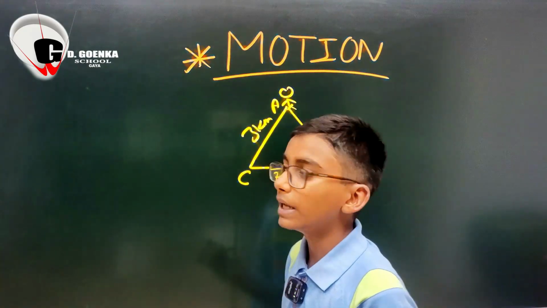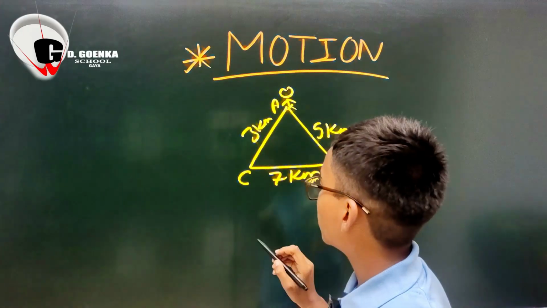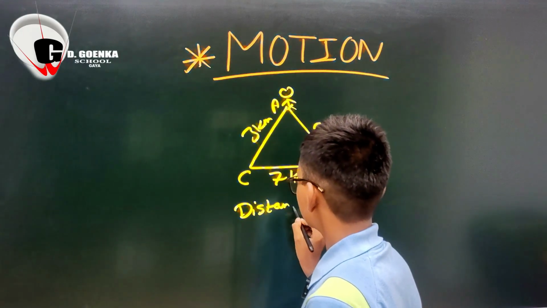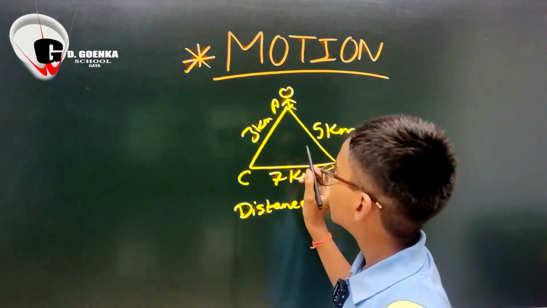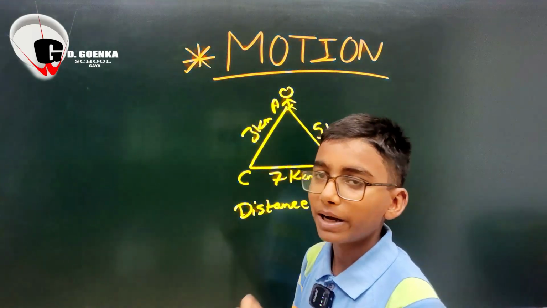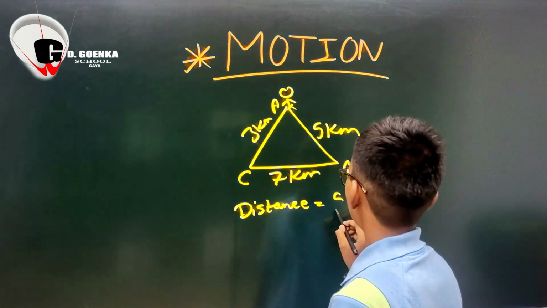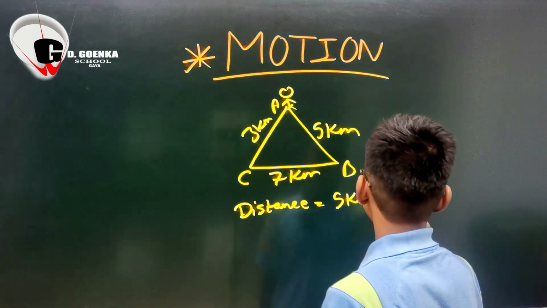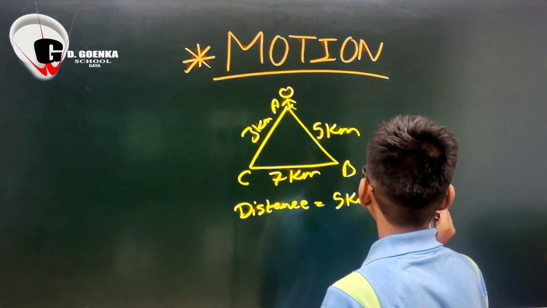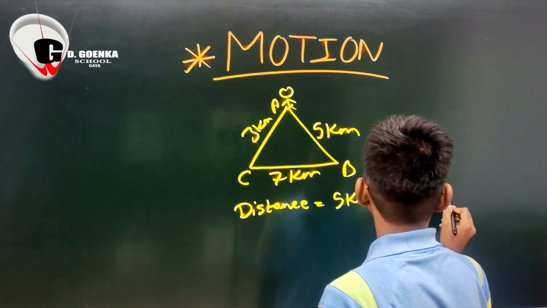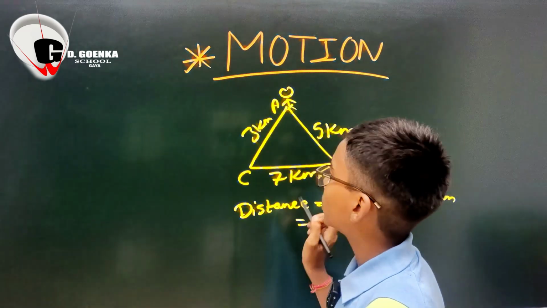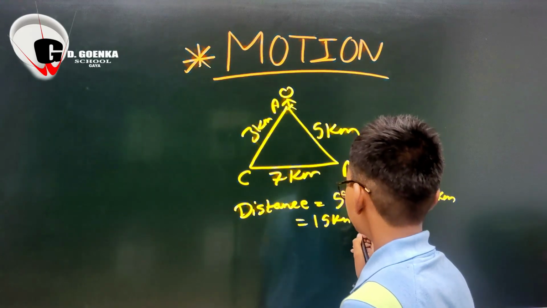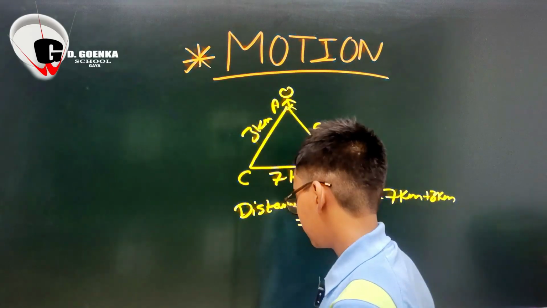The final position is again A. The distance is the total path covered. So first 5 kilometers, then 7 kilometers and 3 kilometers. The total distance covered will be 15 kilometers. I hope you understand it.